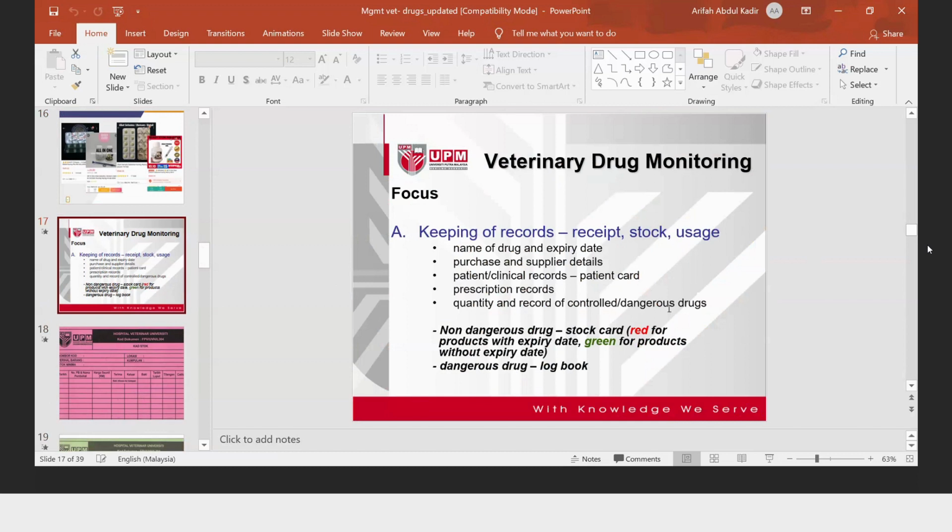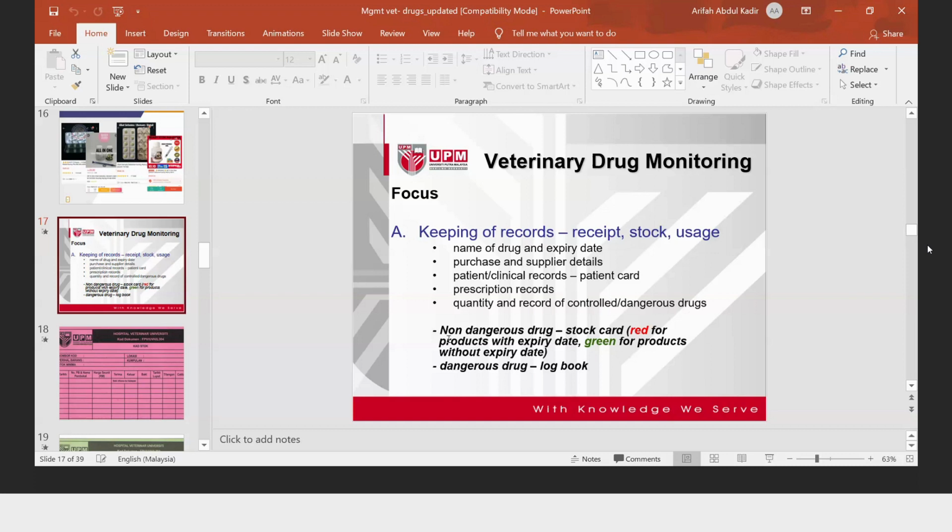Psychotropic drugs and dangerous drugs are two categories. Dangerous drugs are always derived from opioids, like morphine, and the other controlled drugs like diazepam and so on fall under psychotropic drugs.